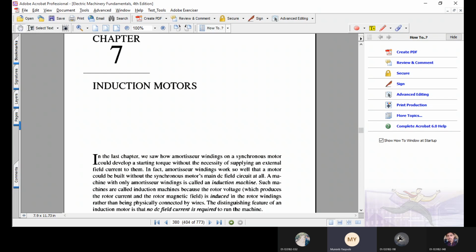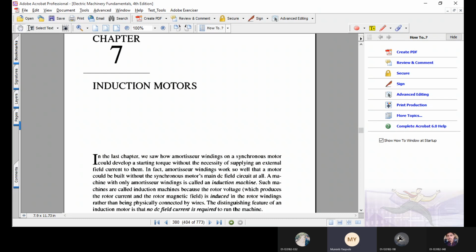In synchronous machines, field current was provided by a separate DC power source, while in induction machines, this field current is provided by magnetic induction, or what we can say, by means of transformer action.